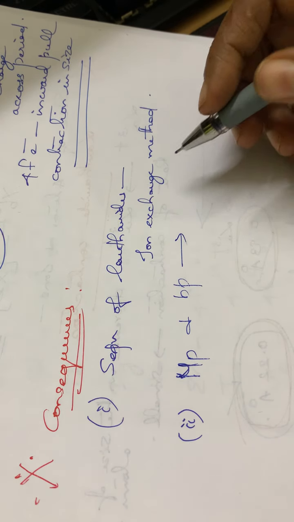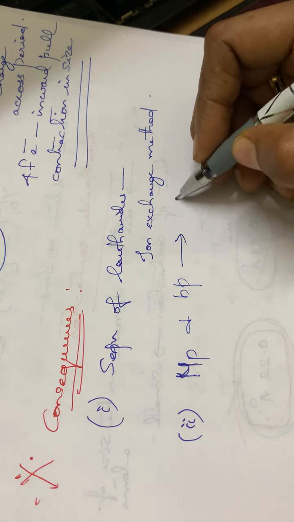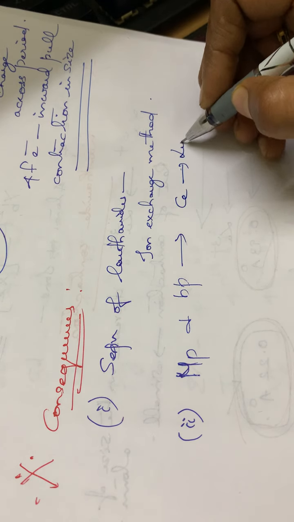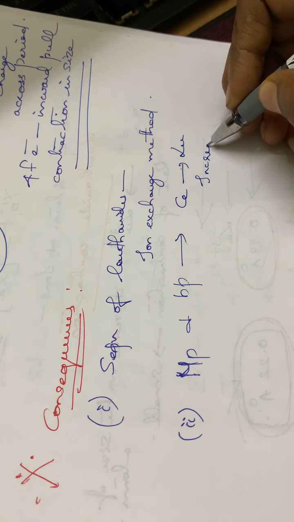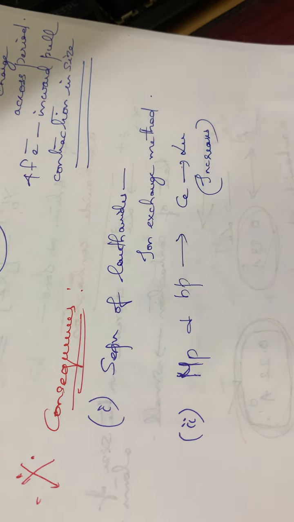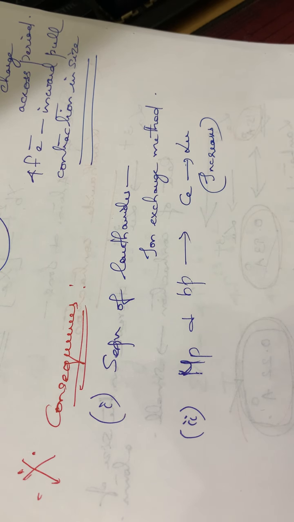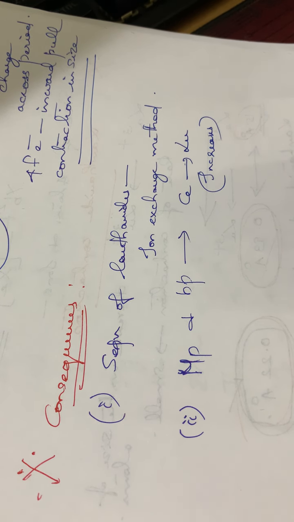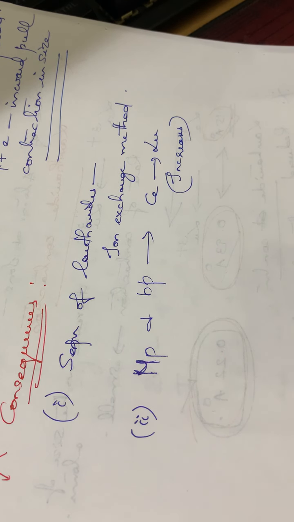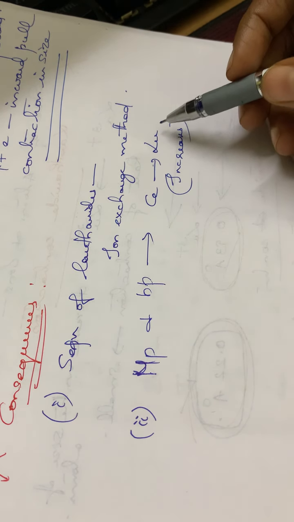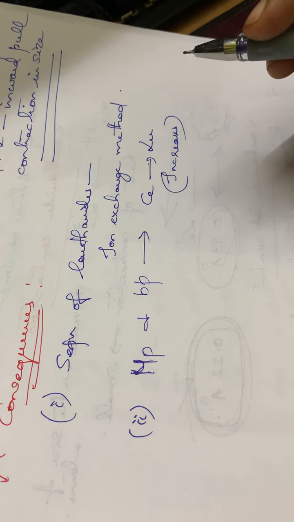Usually they increase from cerium to lutetium. This is because of the increase of the nuclear charge, or the attraction force of the nuclear charge, or the inward pull experienced by the 4f electrons. It becomes stronger from cerium to lutetium. That is the next point.